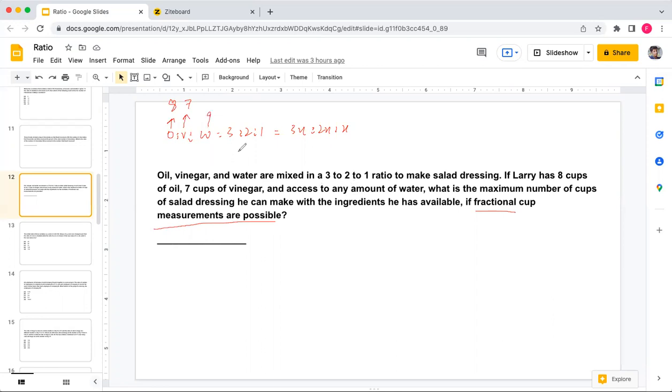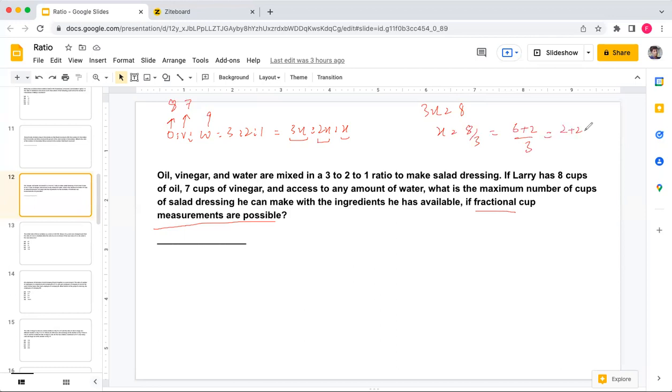Okay, so now see, if we have 8 cups of oil and we have these ratios, if I just equate these and see what are the possible values of X in this case. In one case, X is 8 by 3, which, if you simplify this, you can write as 2 plus 2 by 3.